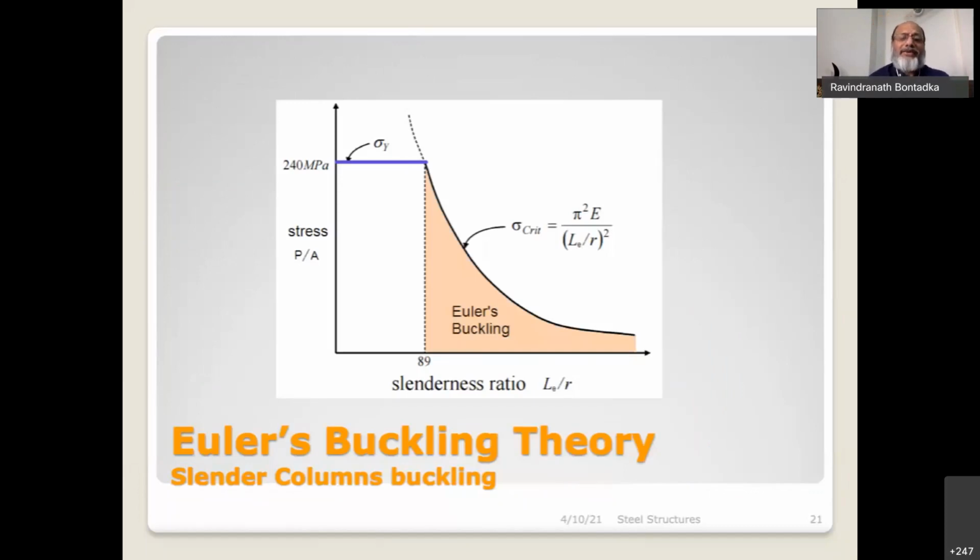It depends on the slenderness ratio of the member, that is, the effective length divided by the radius of gyration. The more slender it is, the less load it takes. Euler's buckling theory gives this curve, and based on that you work it out. You find the slender column buckling and then the ultimate buckling stress. That's how we design all these aspects.